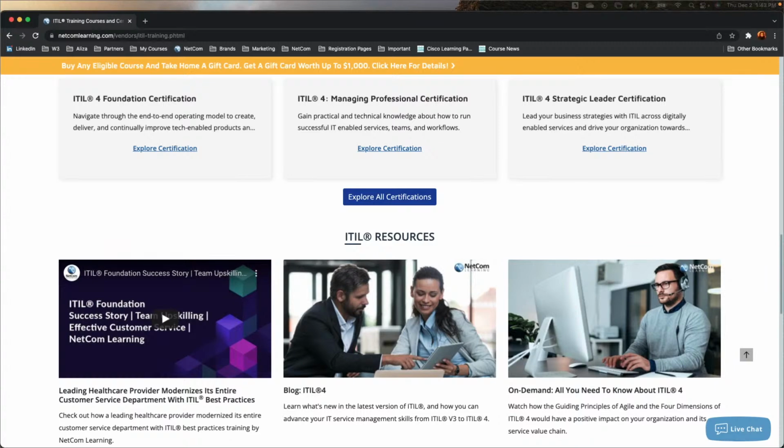Nothing of that sort. It's just that version 3 is still going to act as a platform over which version 4 is based. So yes, version 4 is going to be more sensible, considering the environment that we are moving into. But if you are pretty much close to 17 credits with version 3, you can go ahead and move with the 17 credits and then move to, say, the managing professional transition there.